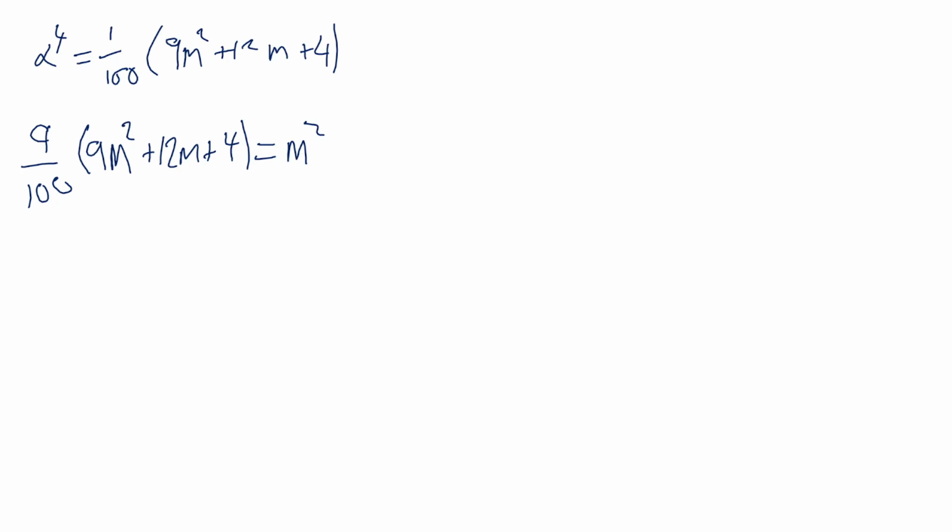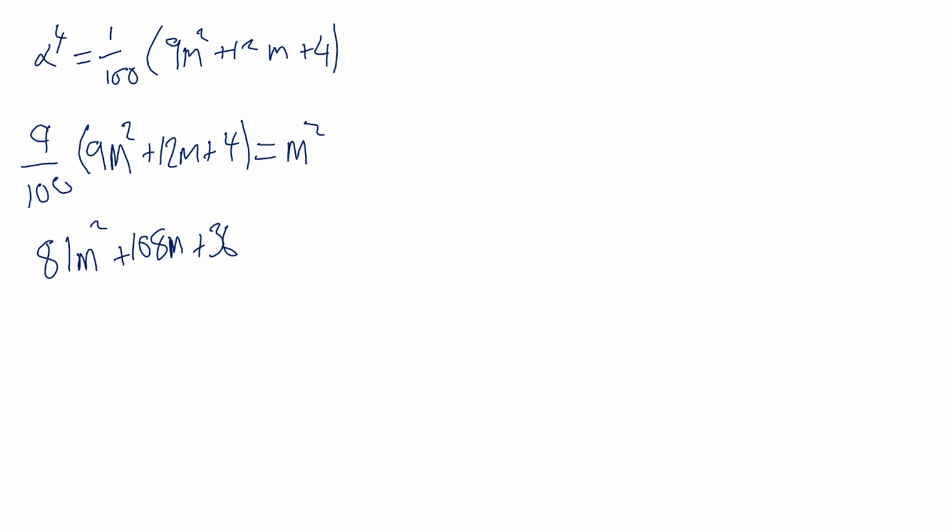And now we just need to manipulate this into something where we have am squared plus bm plus c equals 0, and that's not too difficult. We're going to multiply both sides by 100, and then this 9 we're going to bring into our bracket. So 9 times 9 is 81m squared, 9 times 12 is 108, 9 times 4 is 36.